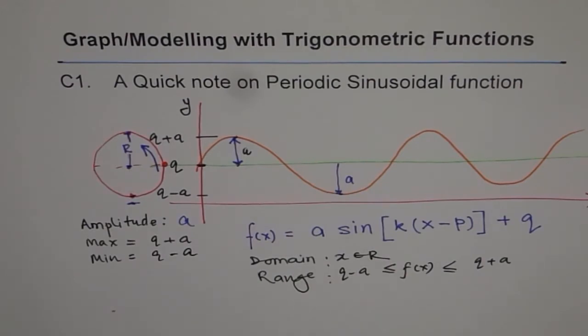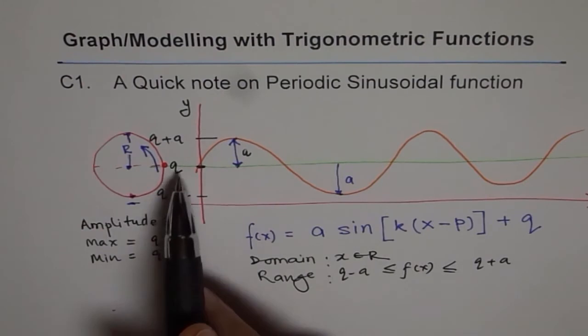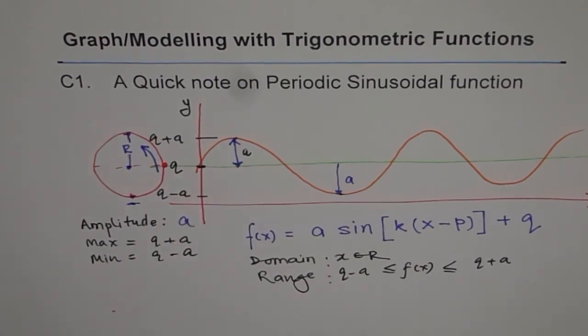At times, you'll find that maximum and minimum are given to us. For example, you may say, well, the temperature is varying and the maximum temperature in this region is around 40 degrees, but the minimum is around -2, right? So you have to write or model this situation. In that case, you know maximum and minimum. From maximum and minimum, we can find amplitude and the vertical shift, right?